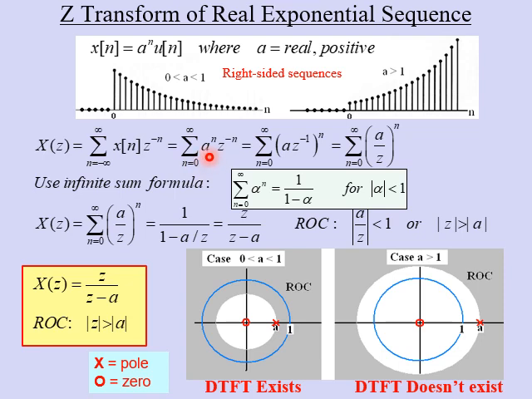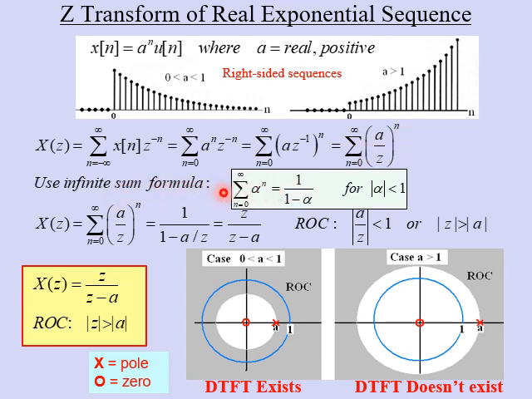Now notice we have a to the n and z to the minus n. So both of these terms have a common exponent n. Let's factor out that n and write it as a times z to the minus 1, to the n power. And z to the minus 1, of course, is just 1 over z. So I have the summation of a over z to the n. Now, we can evaluate this using the useful infinite sum formula.